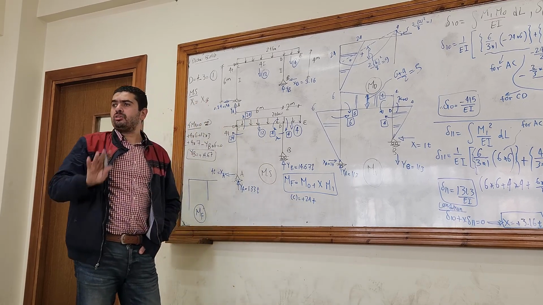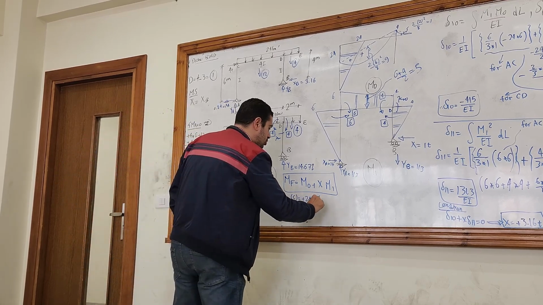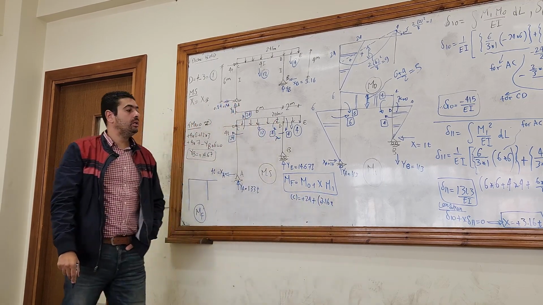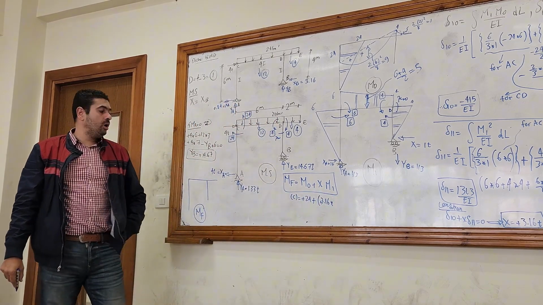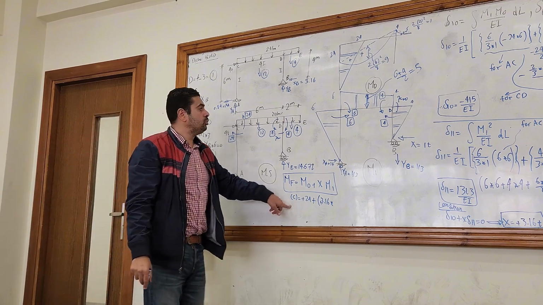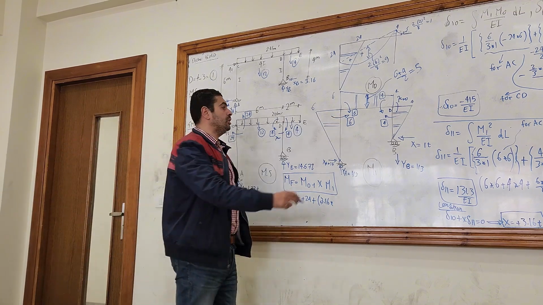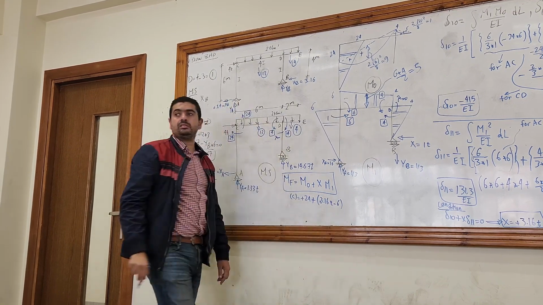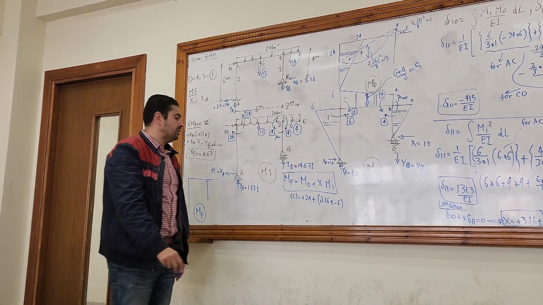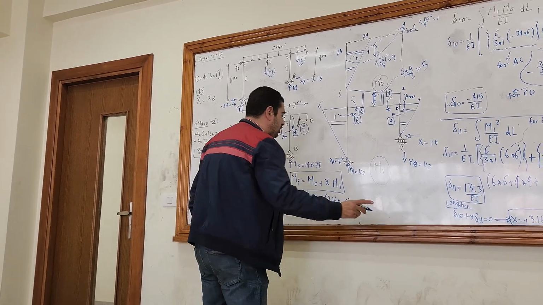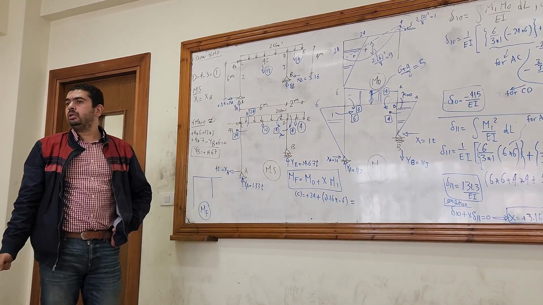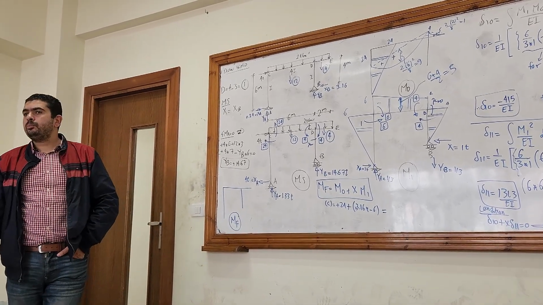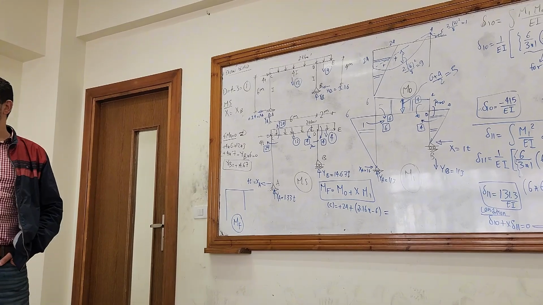It was positive 3.16. So positive 3.16 multiplied by M1. What was the value of M1 at joint C? It was negative 6. Right? So the moment final at C will be equal to 24 minus 3.16 times 6.